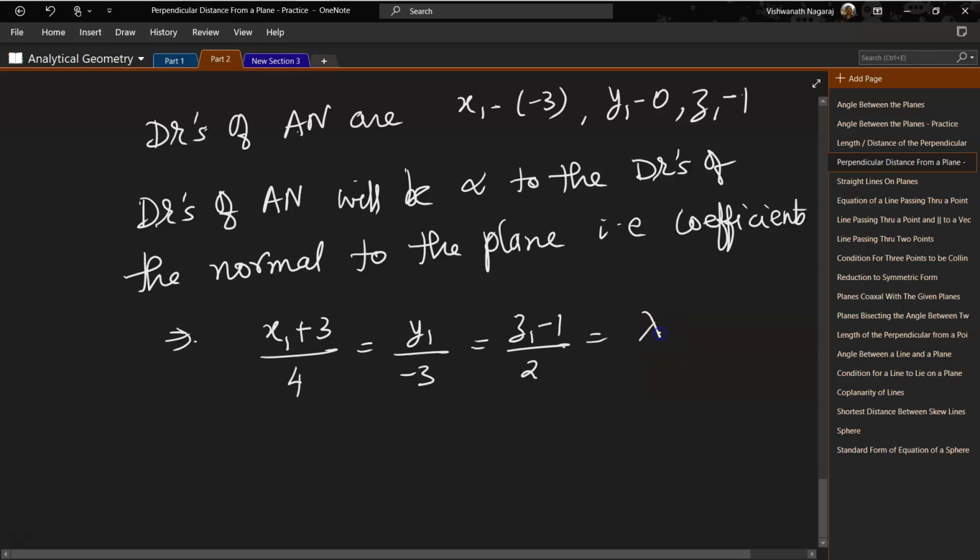is equal to, let's say, the symbol we use is lambda.